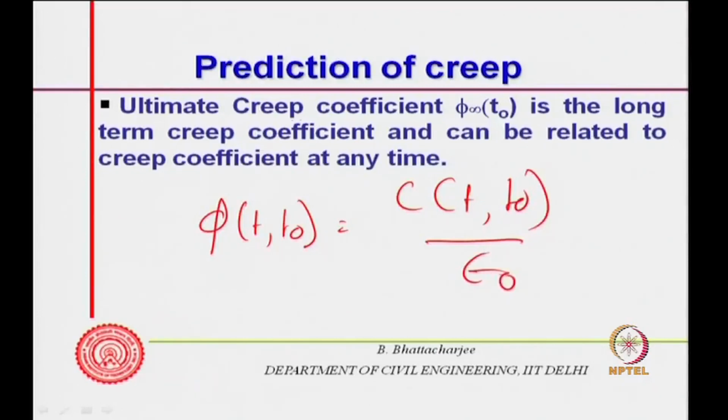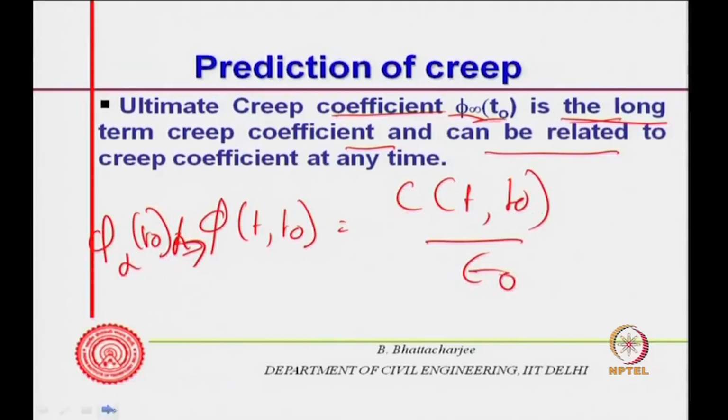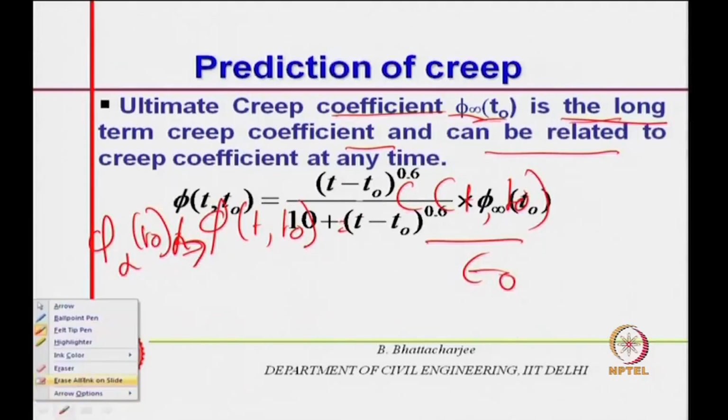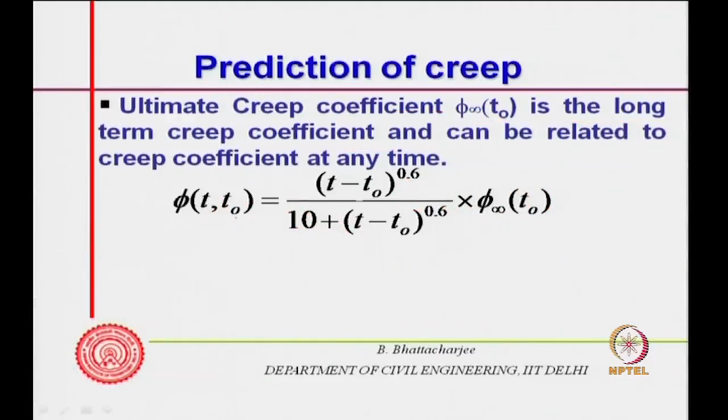But the ultimate creep coefficient is the long term one. So, phi at any time can be related to phi infinity. In other words, phi(t, t0) is (t minus t0) to the power 0.6, into phi infinity.